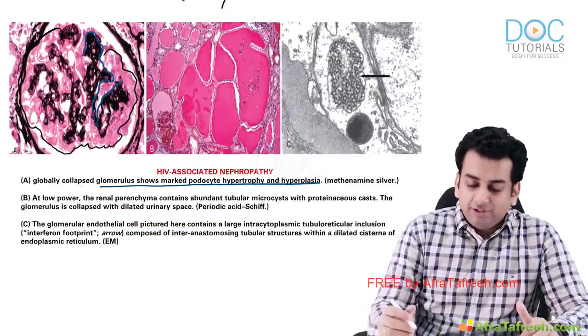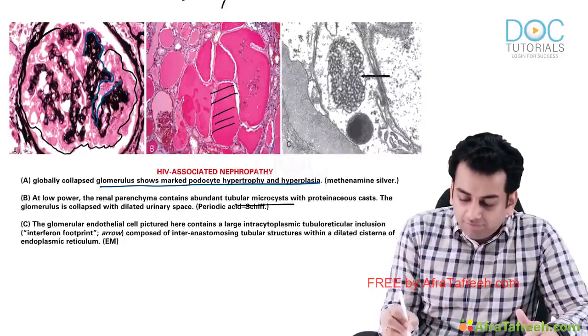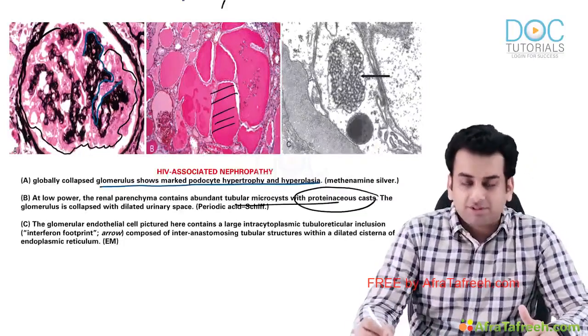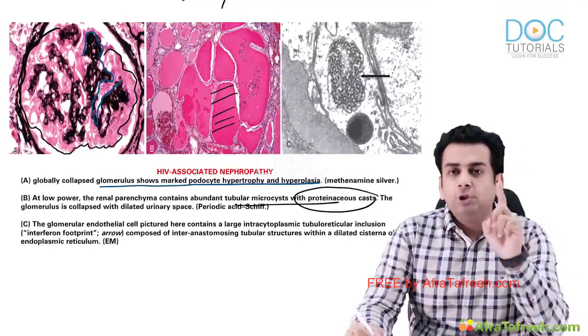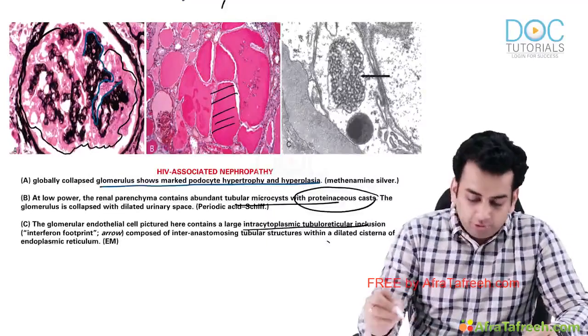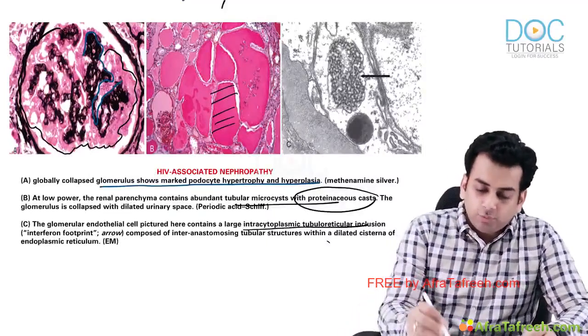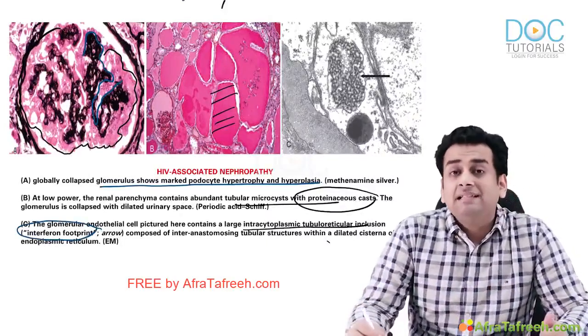Here we see numerous tubular microcysts. I told you tubular microcysts with proteinaceous casts. And here what we can see are tubuloreticular inclusions, intracytoplasmic tubuloreticular inclusions, which are known as the interferon footprint. And why does it happen?